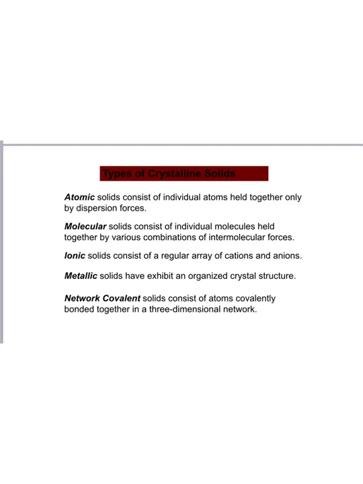All right, so I know that you did this on a homework. Types of crystalline solids. Atomic solids consist of individual atoms held together only by dispersion forces. Those are going to be just elements. If you think of helium or neon, if you froze these things, they would be held together only by dispersion forces.